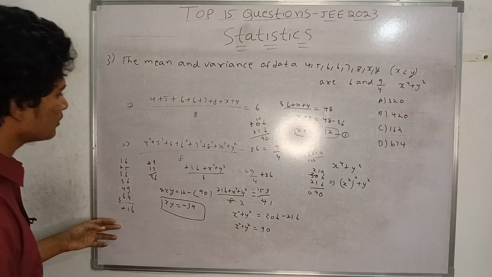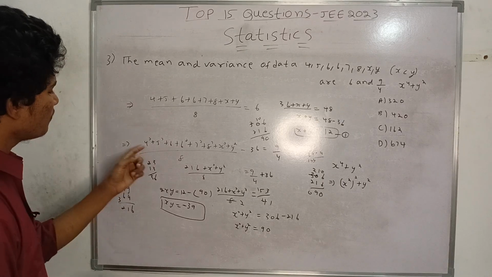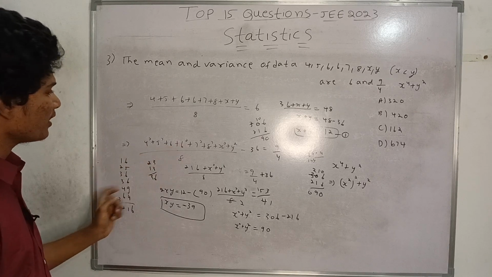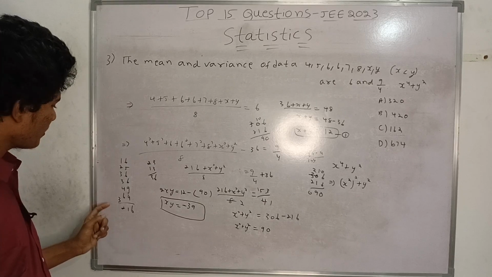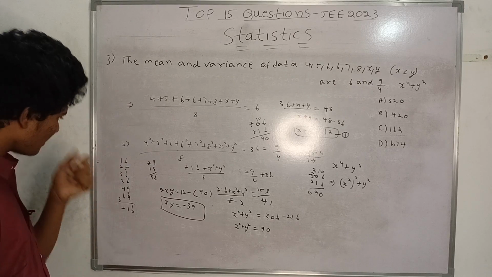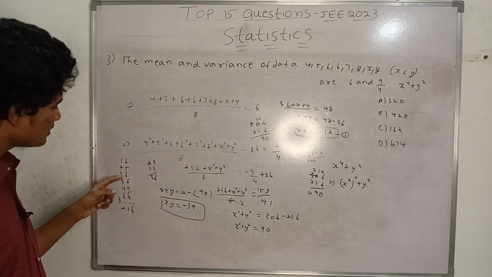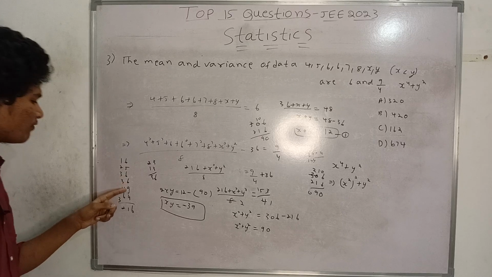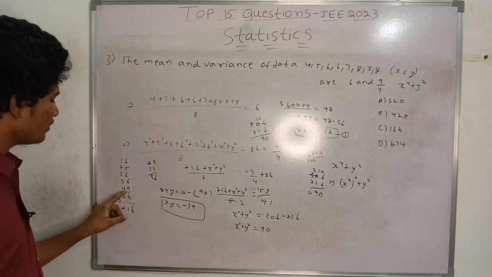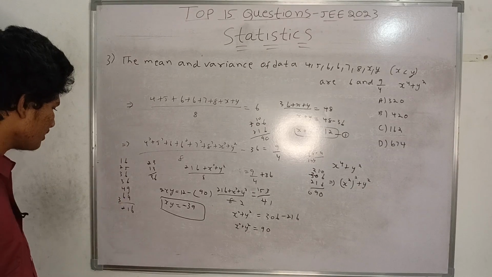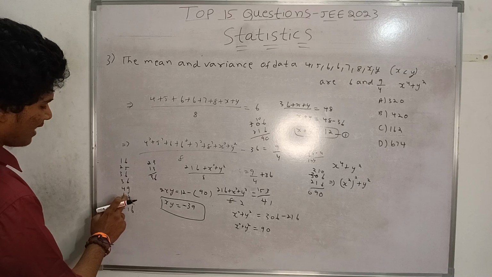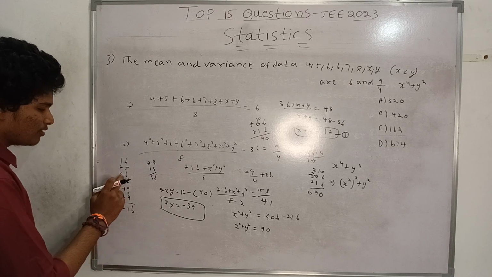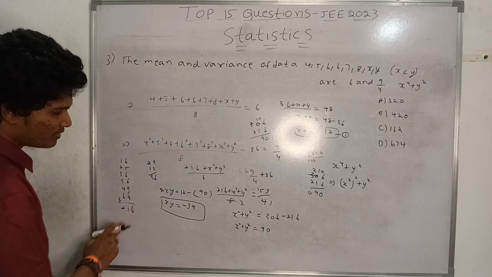Is this sum correct? 4 square is 16, 5 square is 25, 6 square is 36, 6 square 36, 7 square 49, 8 square 64. So 6 plus 5, that is 11, 17, 23, 27, 36, 9, 13, 16, 19, 21, 216 only.